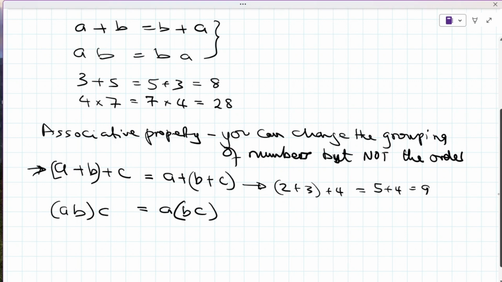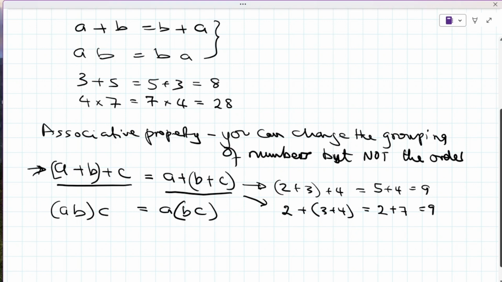And if we, instead of looking at it in that format, we really decide to look at it in this format, this would give us 2 plus, open brackets, 3 plus 4. And the answer to this would be 2 plus 7, which will give us 9.